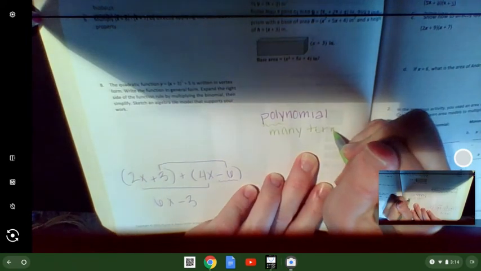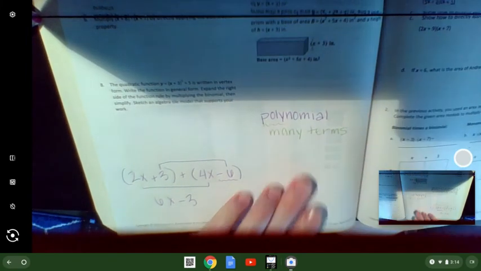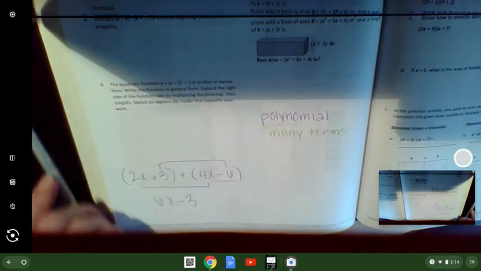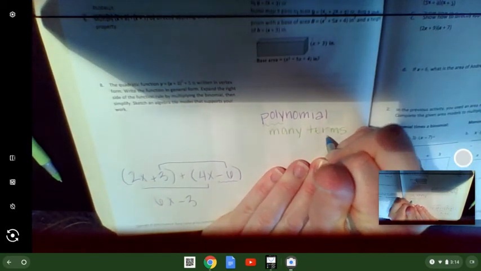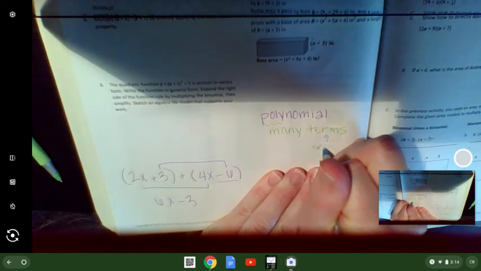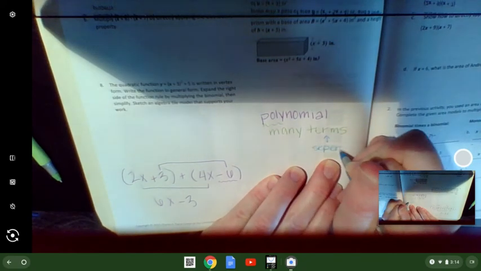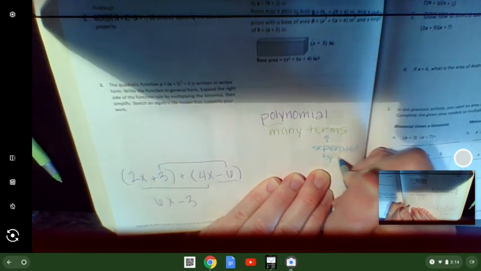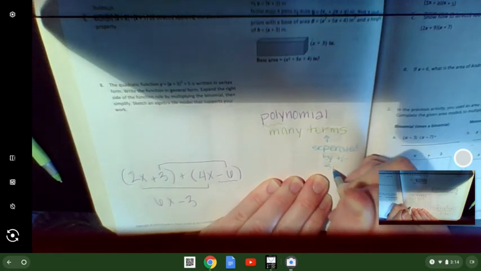And terms in math are separated. They can have a number and a variable together. They can have an exponent. Terms specifically are separated by plus and minus signs.